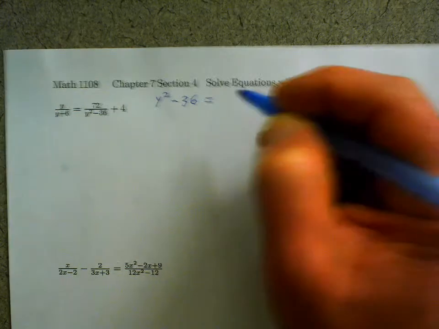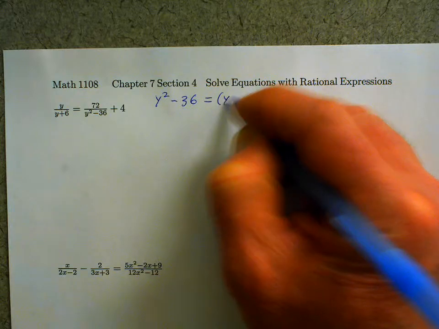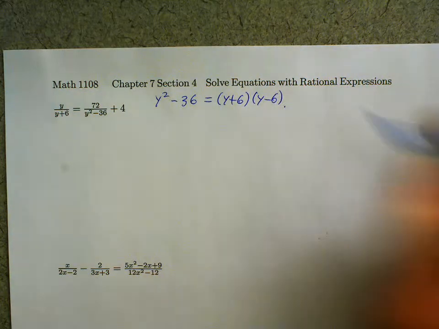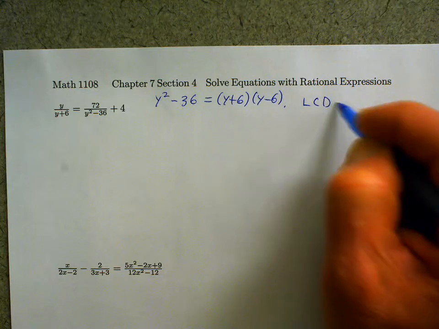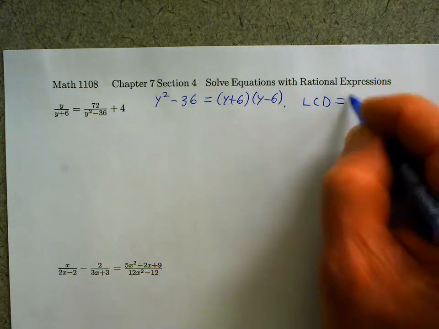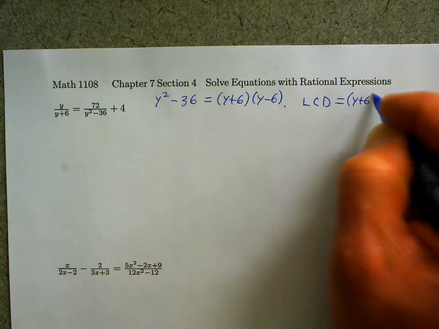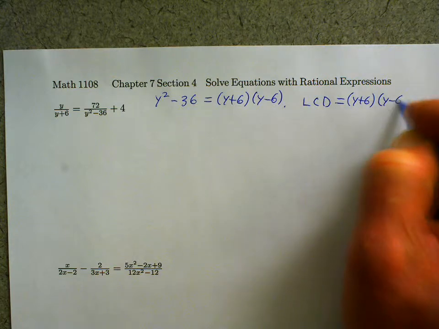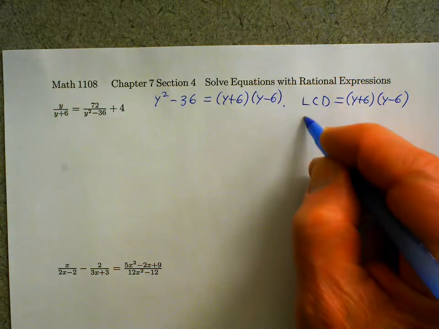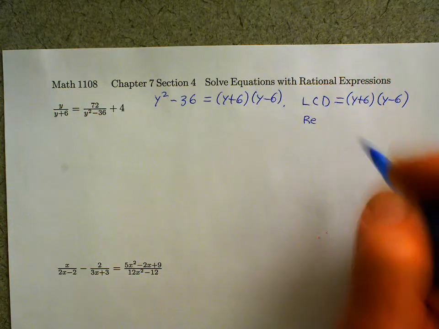Its two factors are y plus 6 and y minus 6. So the least common multiple of the denominators is y plus 6 times y minus 6. The restricted values are negative 6 and 6.